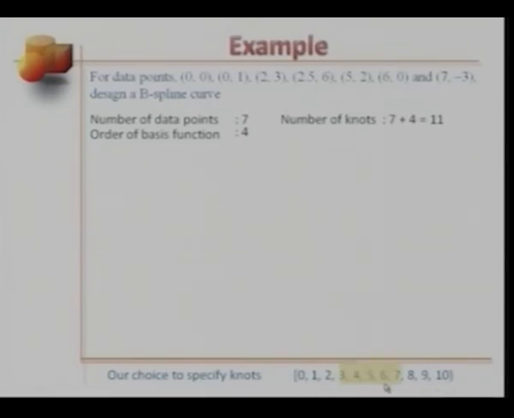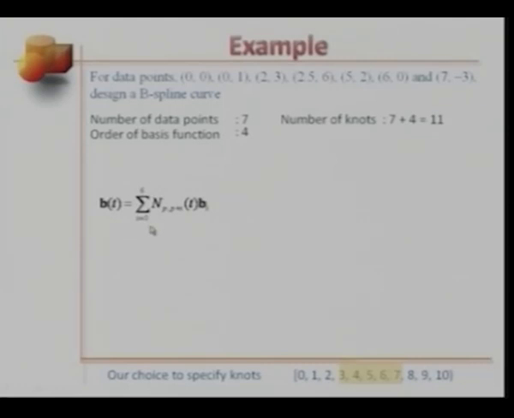Now, this knot span here, that starts from t3 equals 3 and ends at t7 equals 7, is the range of full support. Over this knot span, for any value of t, we will have at least 4 order 4 B-spline basis functions to be non-zero.